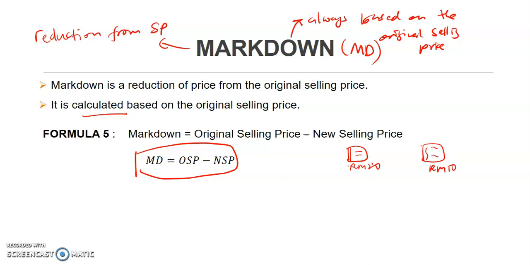So 20 ringgit is the original selling price. 10 ringgit is the new selling price. So what is the amount of markdown? 10 ringgit. So markdown is actually the difference between the original selling price and the new selling price.